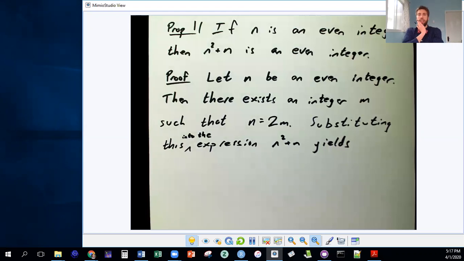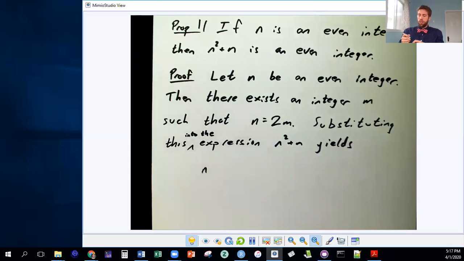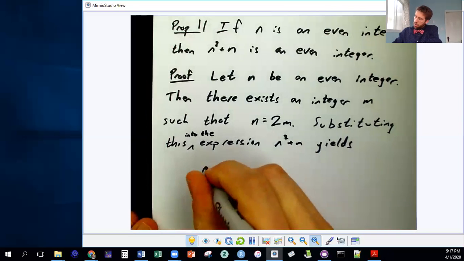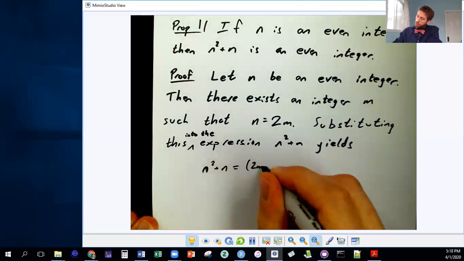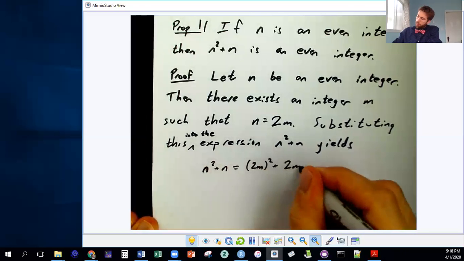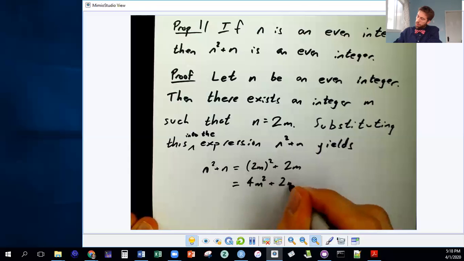So we let n be an even integer. Then there's an integer m such that n equals 2m. Substituting this into the expression n squared plus n yields n squared plus n equals (2m) squared plus 2m, which equals 4m squared plus 2m.